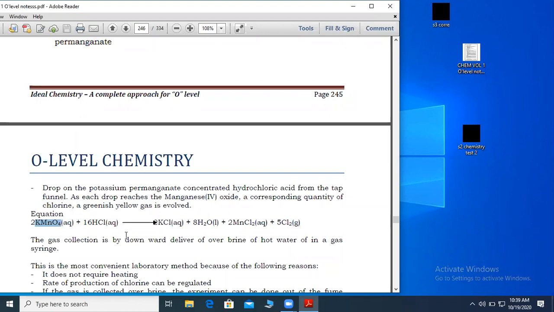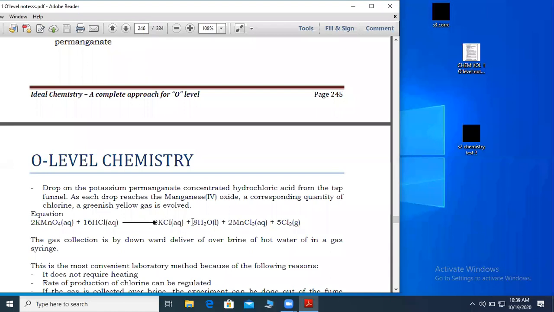Potassium permanganate plus hydrochloric acid. The products are potassium chloride plus water plus manganese chloride, manganese 2 chloride, then finally plus chlorine. I was telling you it is not easy to balance, but what you should do, remember that there is 16 on hydrochloric acid. And when you remember that, there must be 8 on water.